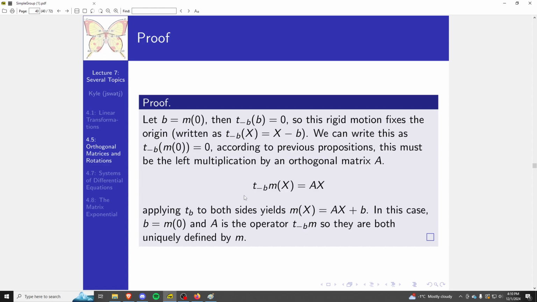And so if we apply T of b, which is the translation by b instead of negative b, we will cancel this translation by negative b and get that M of x is equal to Ax plus b. And so b in this case is determined uniquely by what our map M is, and the operator is determined by the map, the negative b translation.